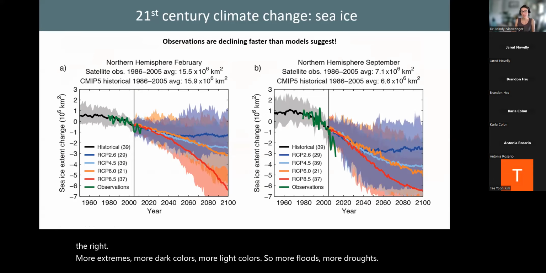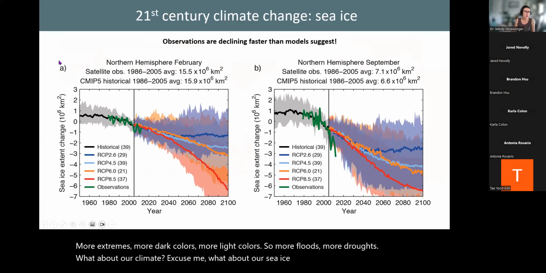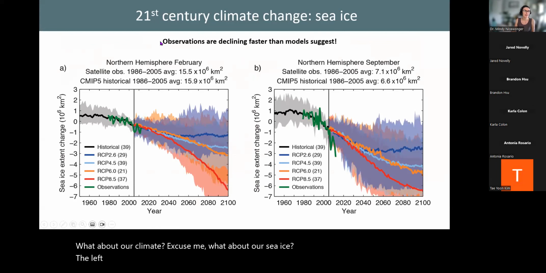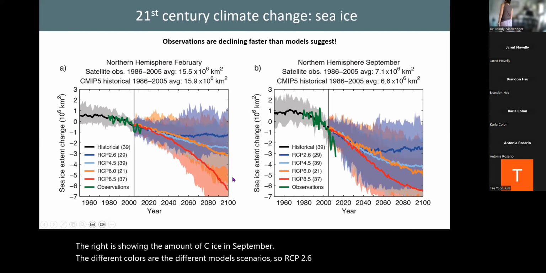What about our sea ice? The left is showing the amount of sea ice in February. The right is showing the amount of sea ice in September. The different colors are the different models and scenarios, so RCP 2.6, RCP 8.5.